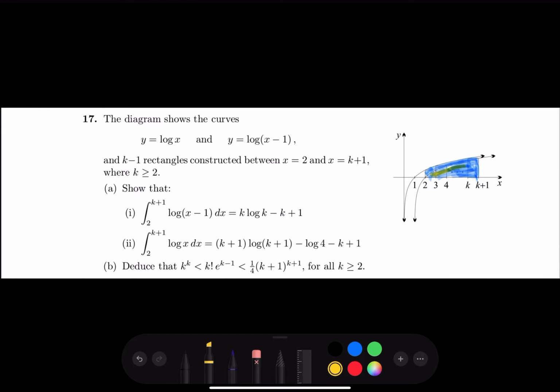So the area under the second curve is definitely less than the blue area.